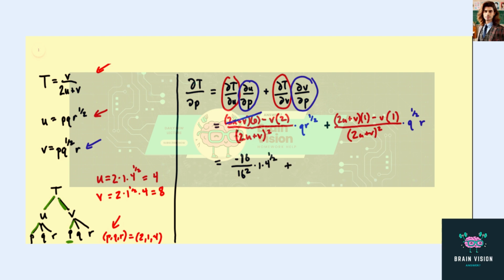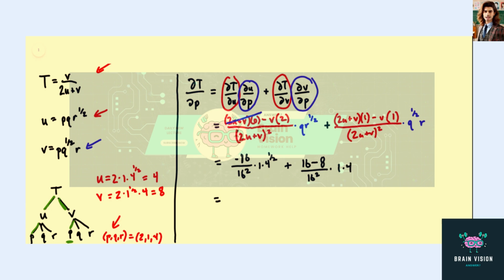Okay, we're just plugging things in. Now on the other big fraction, 2u plus v: 2 times 4 is 8, plus 8 is 16, minus, v was 8. Our denominator will still be 16 squared times the square root of q is 1 and r is 4.